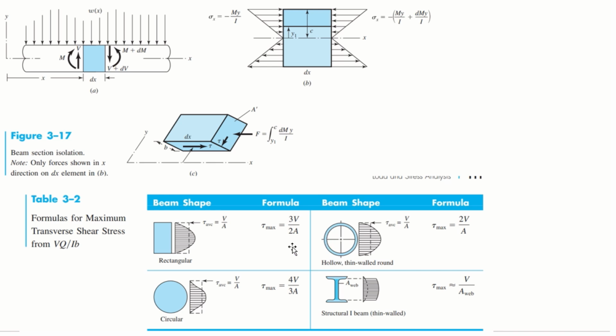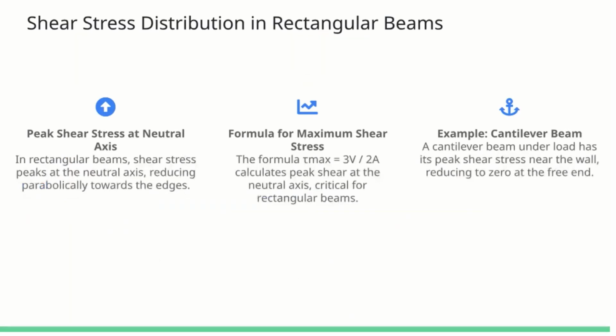And what does it mean? Peak shear stress at the neutral axis: in particular beams, shear stress peaks at the neutral axis, reducing variability towards the edges. Meaning that if you cut a rectangular beam, you will find it harder to cut at the middle.